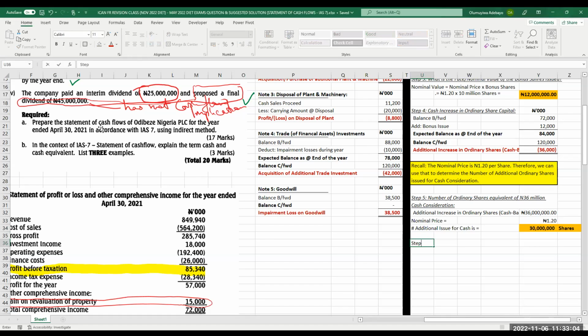Step 6, determine the premium on additional shares issued for cash consideration. And what is that? Number of ordinary shares issued for cash is 36 million. Oh, sorry, it's 30 million shares.